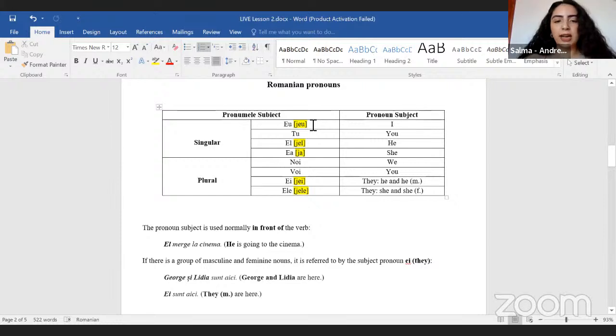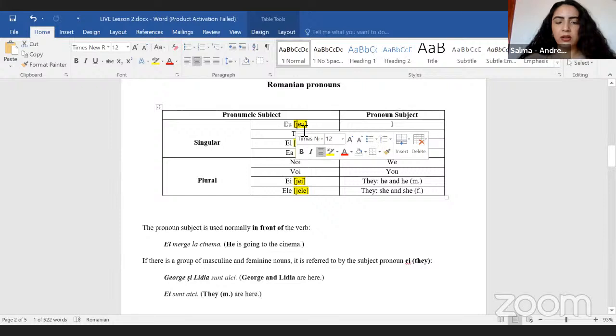So you have here highlighted a few phonetical transcriptions. This is how we transcribe how we pronounce these words. So for example, for eu, we have only two letters, E and U, but when we pronounce them, we can hear a Y sound right at the beginning. I've marked it here, as you can see, the Y sound, but in the written form, it does not appear.